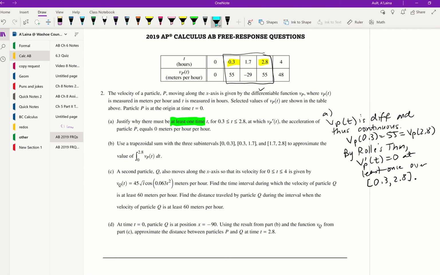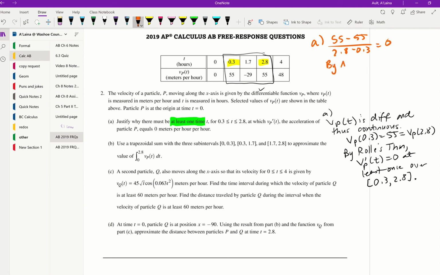Now, another way to do this is to use the MVT, and that's actually the way it was written on the scoring guideline. If you're using the MVT, you do need to actually use the slope formula. You could start off using functional notation, or you could just do 55 minus 55 over 2.8 minus 0.3 and show that that equals 0.